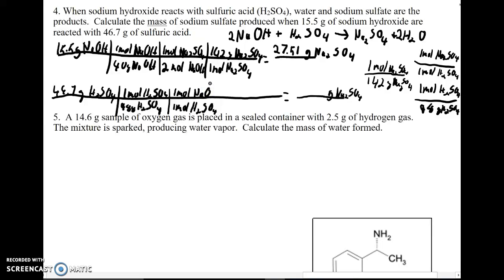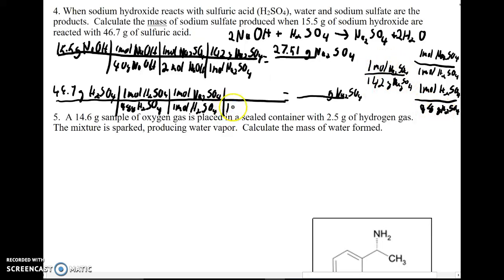Oh wait, we're not doing sodium hydroxide, excuse me. I erased my whole line there. If we look over here, it's not sodium hydroxide, but sodium sulfate. So 1 mole of Na2SO4.